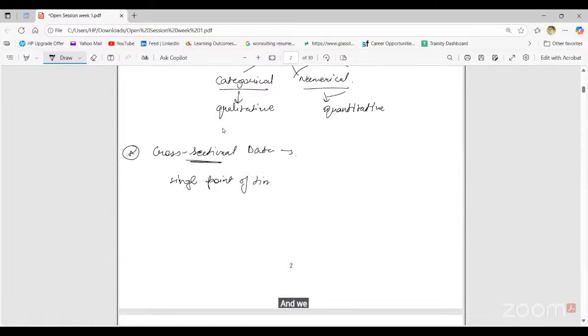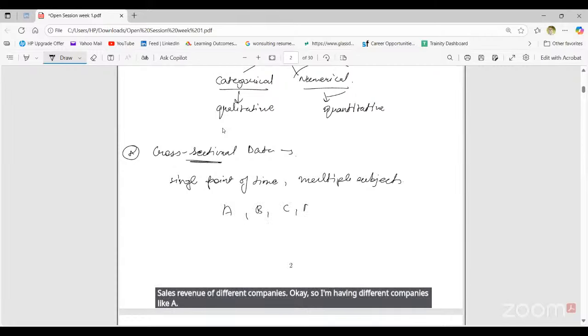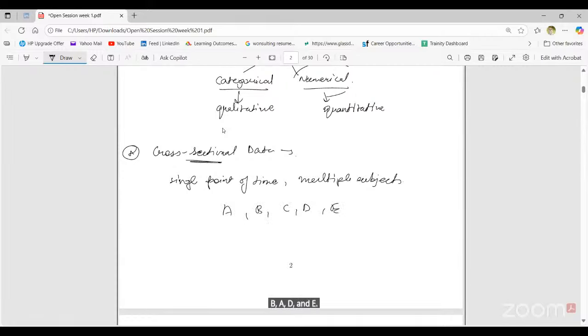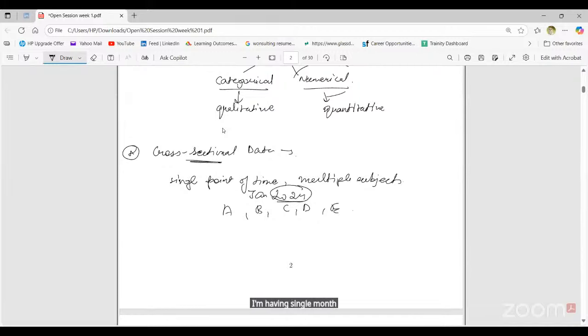Let's suppose I'm calculating the sales revenue of different companies, like A, B, C, D, and E, for January 2024. I'm having a single point of time and different subjects. So that is the cross-sectional data.